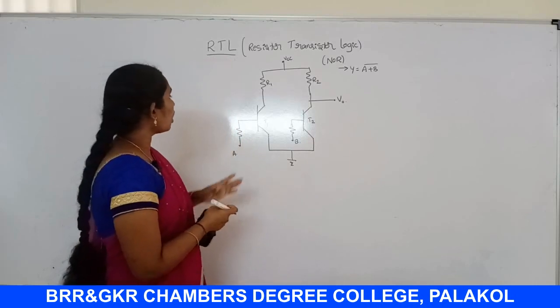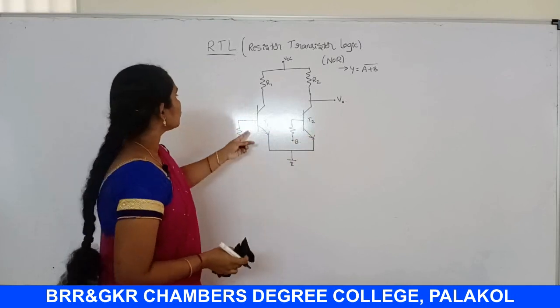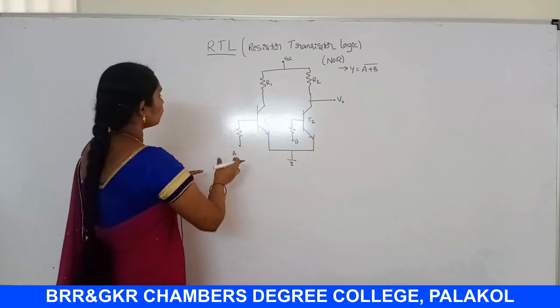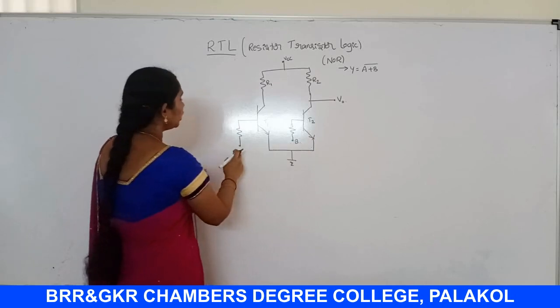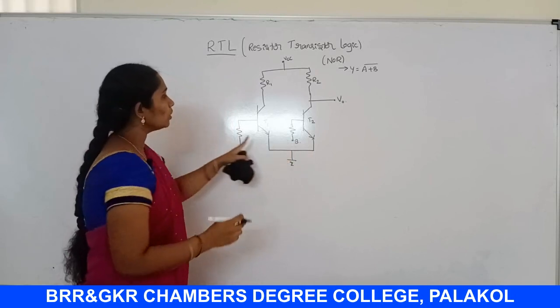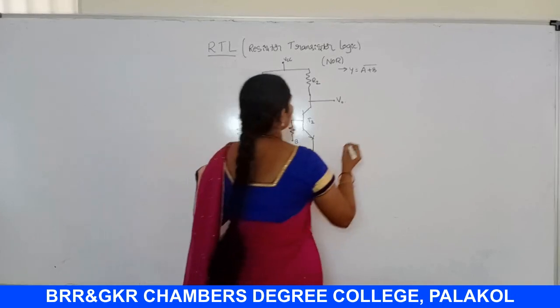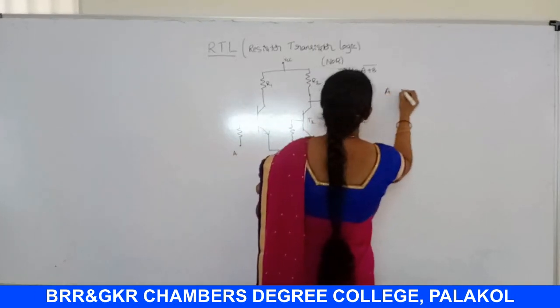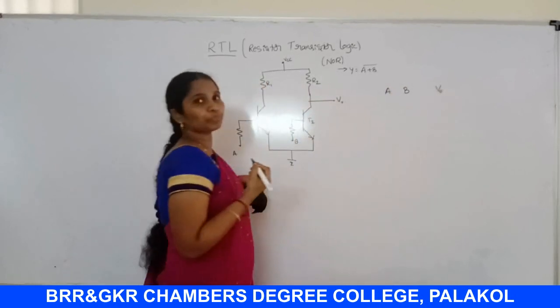This is the combination of transistors and resistors. First of all, I consider two inputs, A and B. Now with the operation I will explain the truth table for this logic. The inputs are A and B and the output is V0.